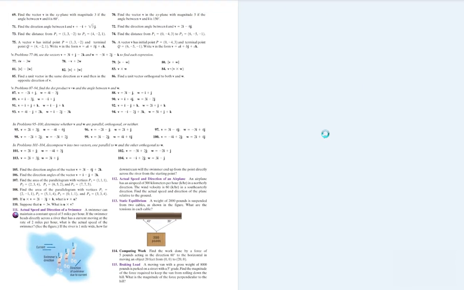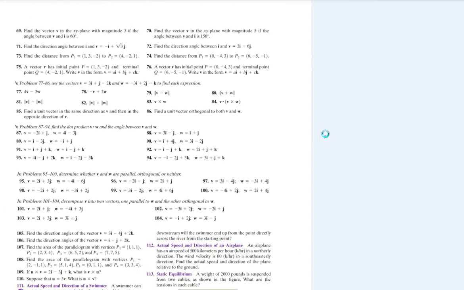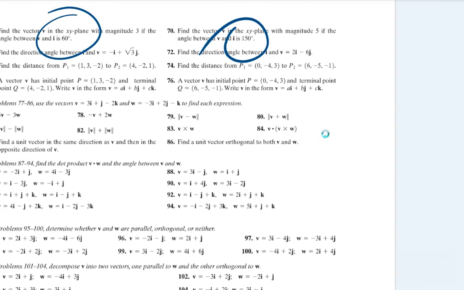Now I want to get to some harder problems. A lot of times you see a degree associated to a vector. Let's talk about that.